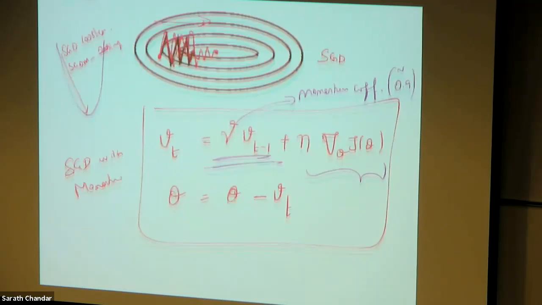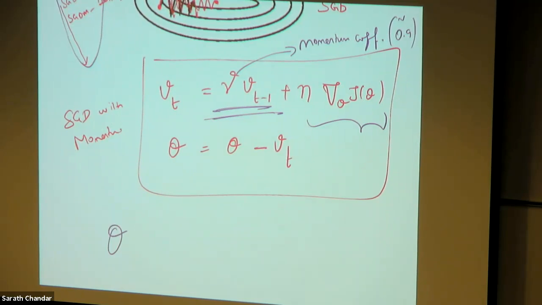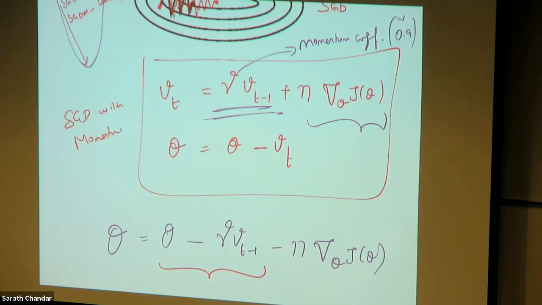If I expand my update rule, theta is equal to theta minus gamma times V(t-1) minus eta times the gradient. Now I can already make this update even without computing this part of the update.